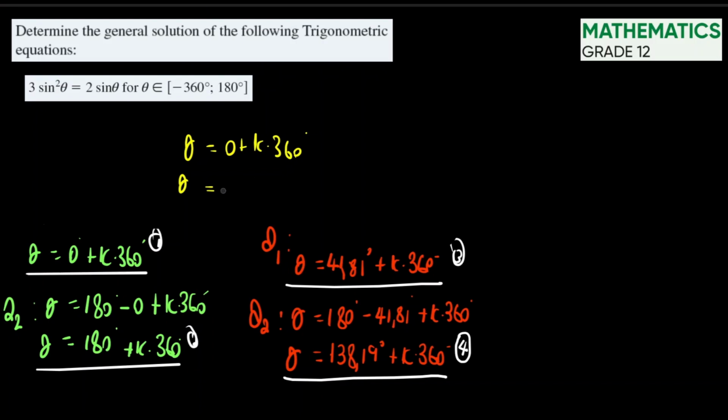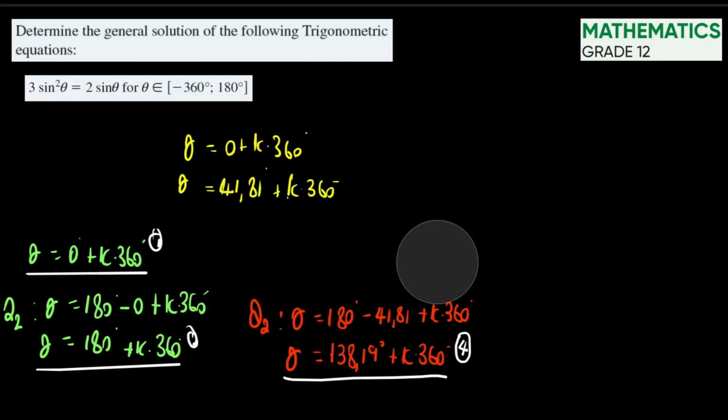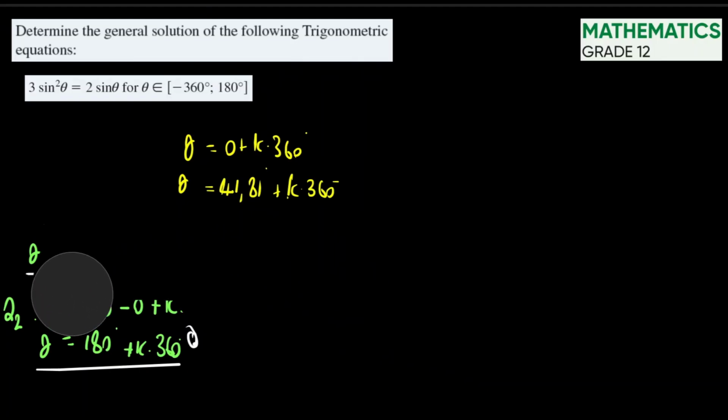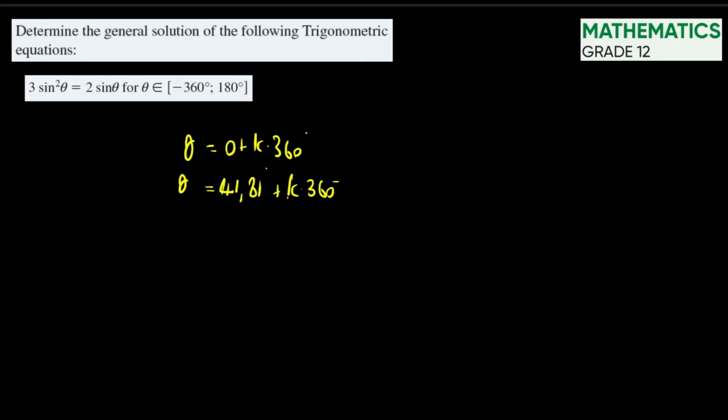Theta is equal to 41.81 degrees plus k times 360. And then I'm just listing out all the solutions so as to make everything easy. Then we have theta is equal to 180 degrees plus k times 360. Theta is equal to 138.19 degrees plus k times 360.